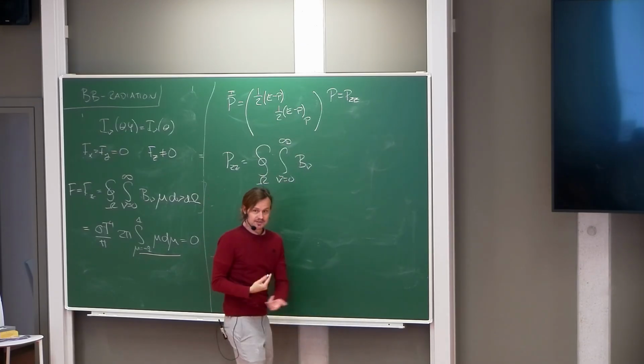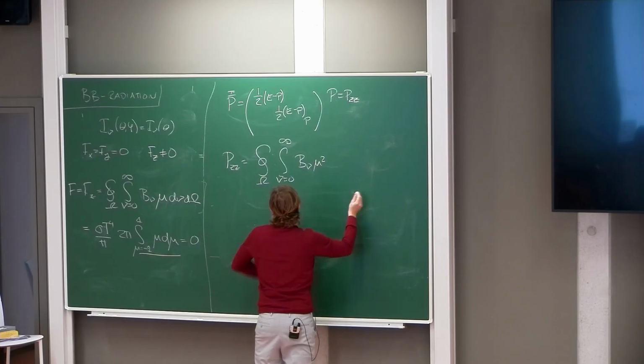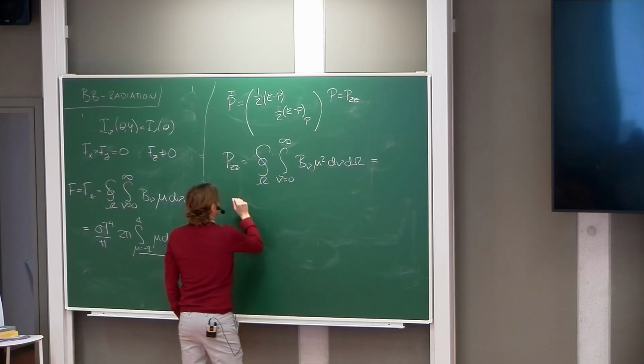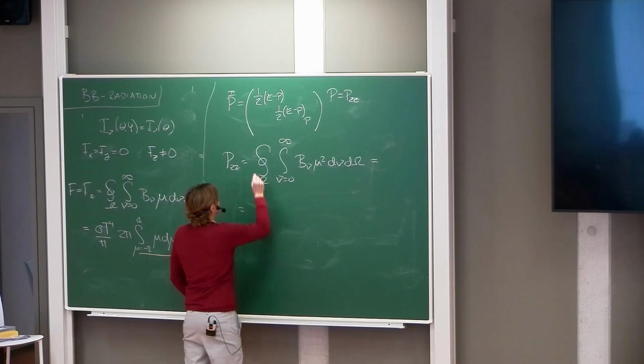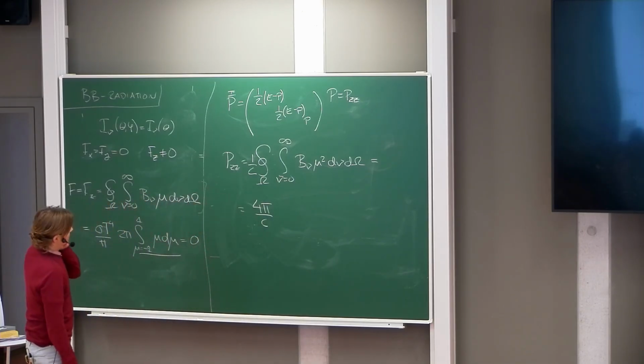We have 2 cosines theta now, if you remember, so mu squared, d nu, d omega. By analogy, this has no mu dependence in it either. There is a 1/c missing here. Yes, sir. 4 pi divided by c.